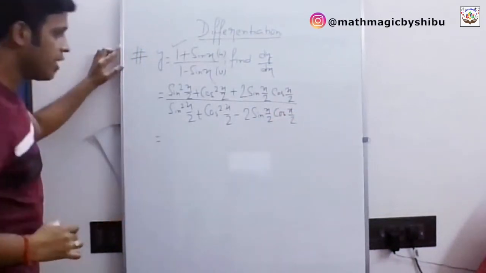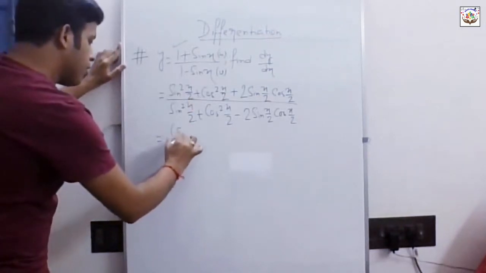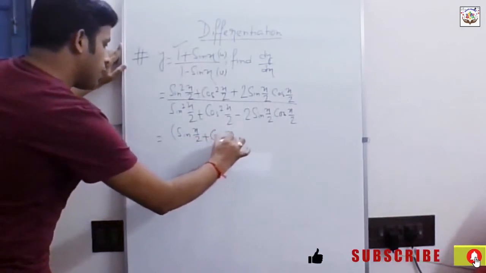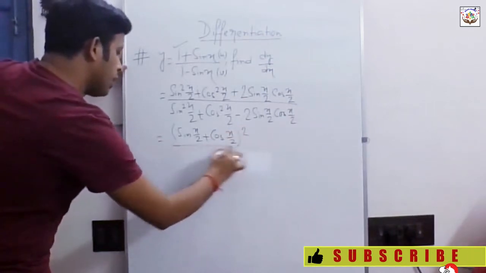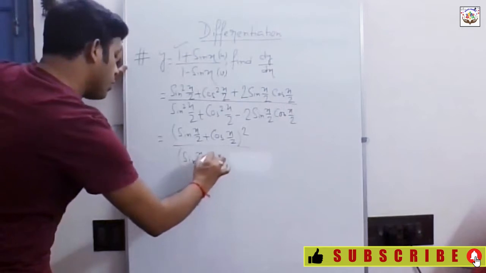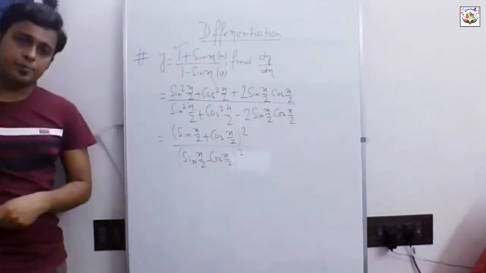Why have I represented it in this form? Because if you see clearly, it is coming in the form of (sin x/2 plus cos x/2) whole square divided by (sin x/2 minus cos x/2) whole square. Okay.